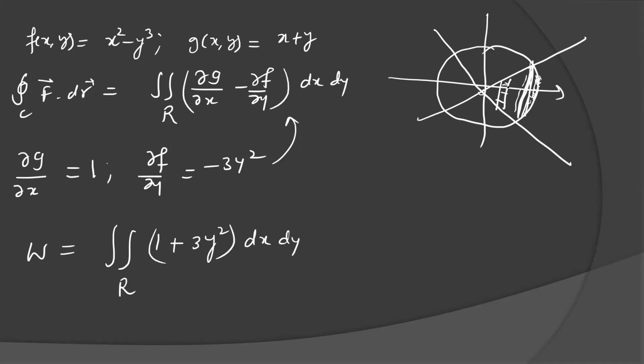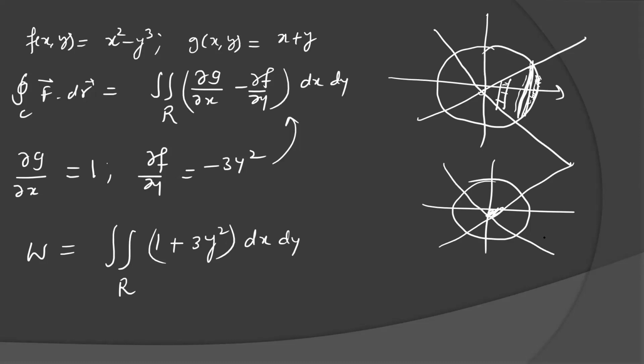So you have to draw two strips if you are drawing parallel to the y-axis. And similarly, if you think to draw the strip parallel to the x-axis, then also you have to draw two strips here, because the tail on this line and head on this circle, and tail on this circle and head on this circle.